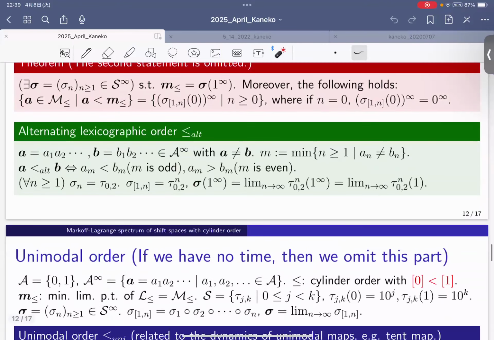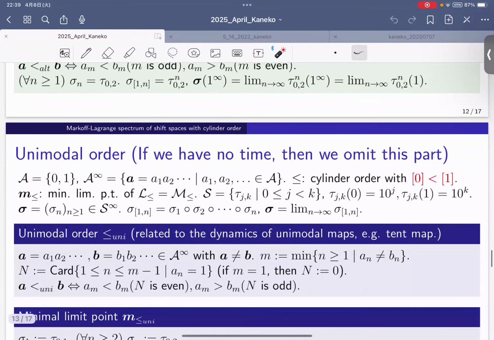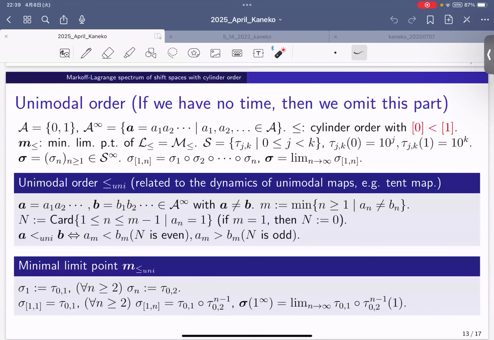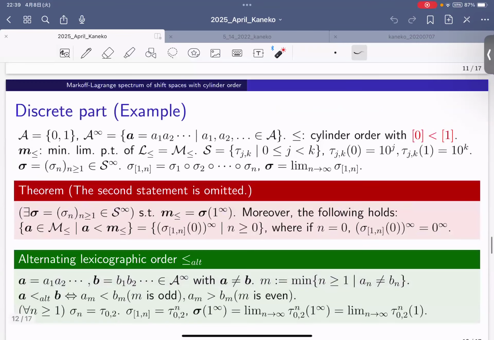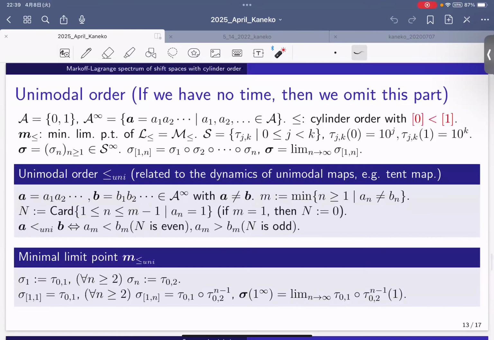I omit the details, but we can apply this result to the unimodal order. The unimodal order is here.